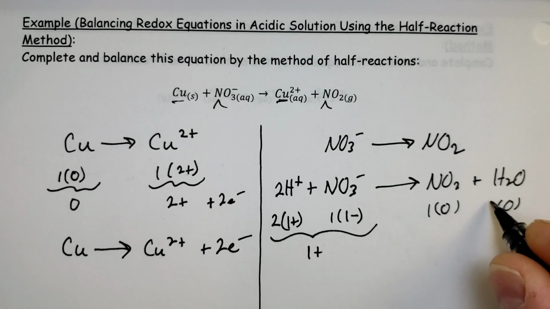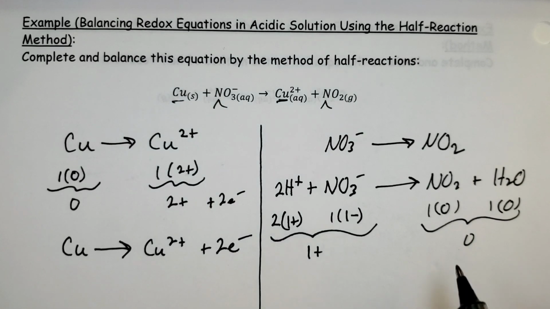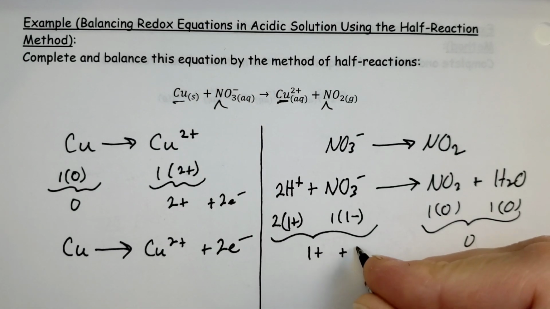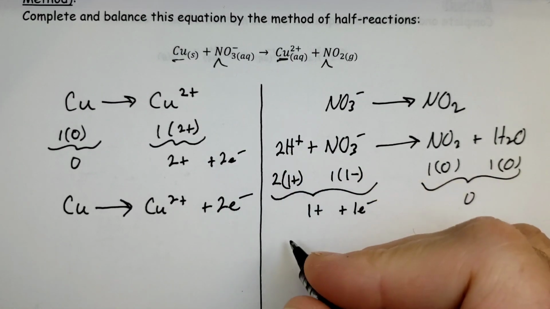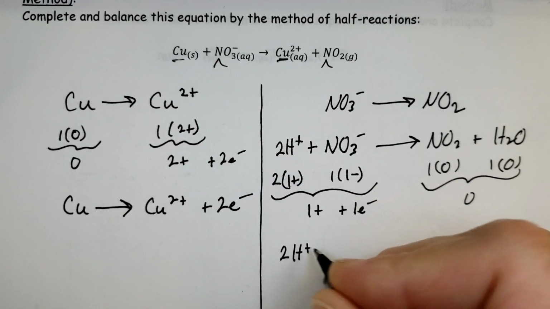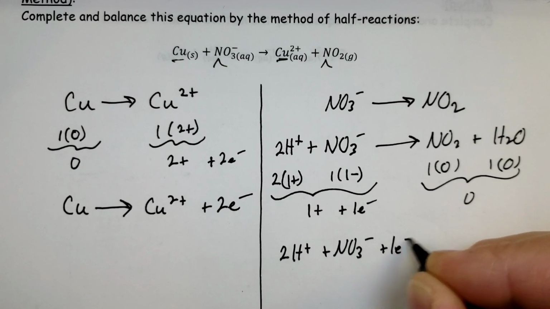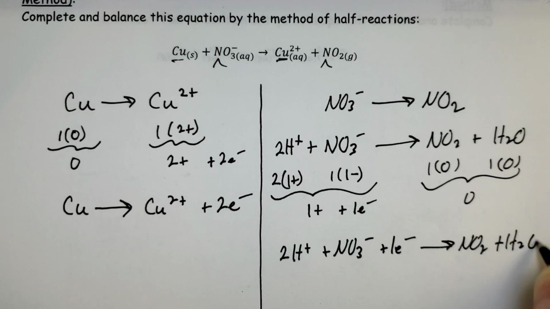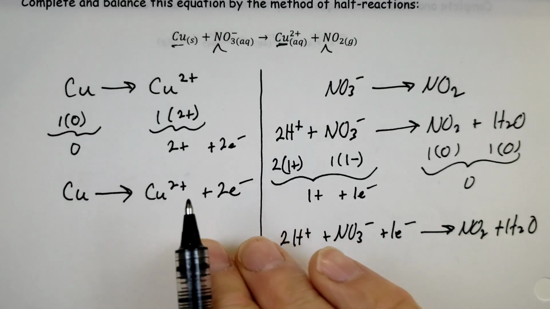No charge here, I have 1, so in total here I have a charge of 0. So of course the more positive side is over here, and to bring this down to a 0 I add 1 electron, so this overall equation here is going to be 2 H pluses plus NO3 negative plus 1 electron yields NO2 plus H2O.